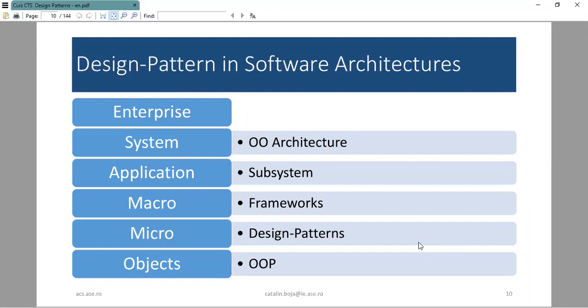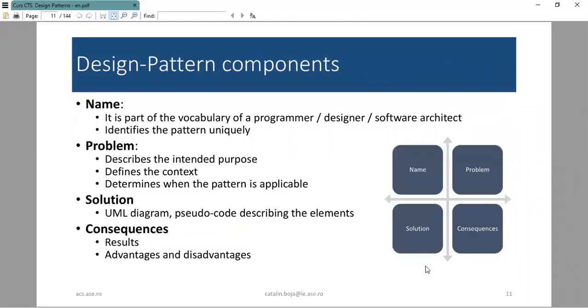So we are moving from micro level to macro level. And from this moment, you go up to application level, you have subsystems or modules, and system level where you have the architecture of your entire solution. After that you have enterprise level. So we are still very close to source code, because we are here, design patterns and object-oriented.